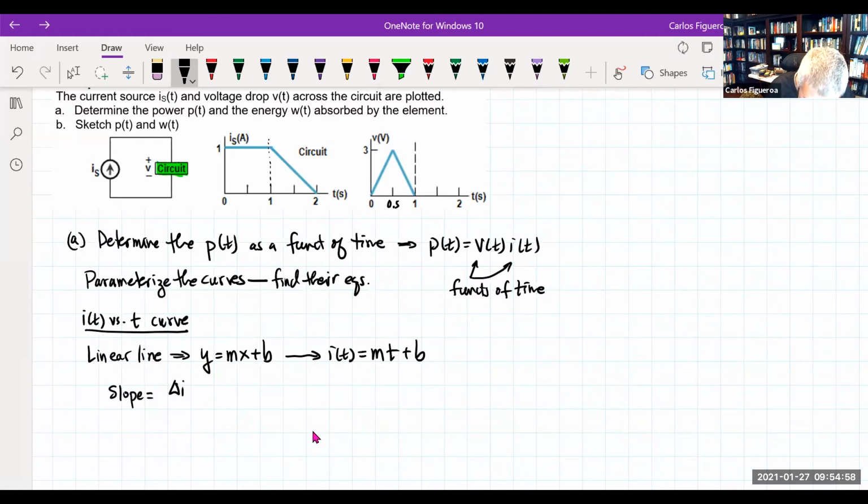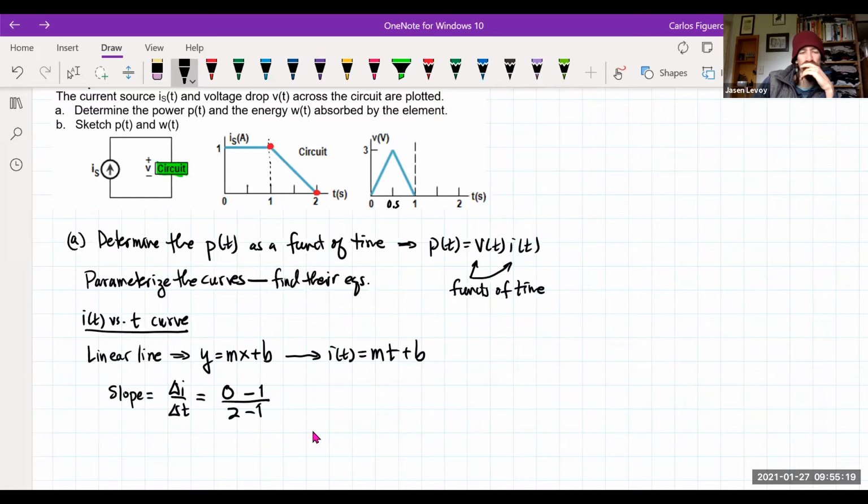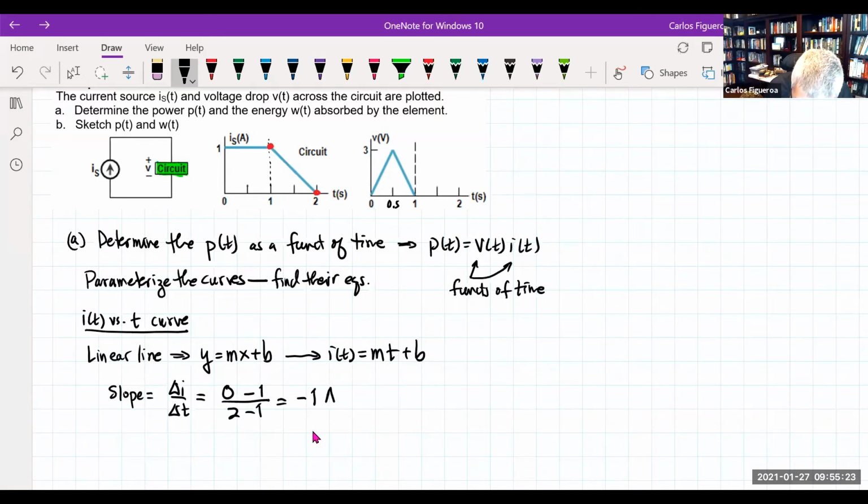The rise, which would be the current over the time. And then I'm going to pick 2 points here. If I pick a point here and a point here, I can get what that slope is. You could see that the final is 0. It starts off at 1, and then I'm going to go from 2 to 1 second, and then clearly I have a slope of 1 amp per second. So I know what my slope is here.